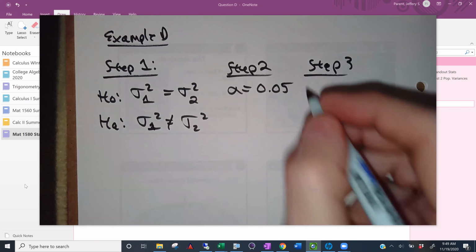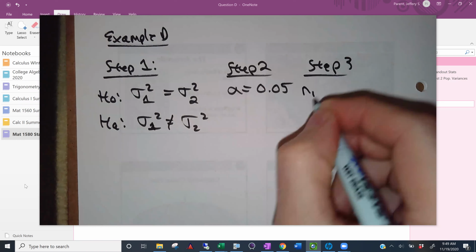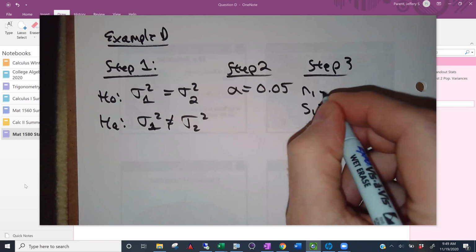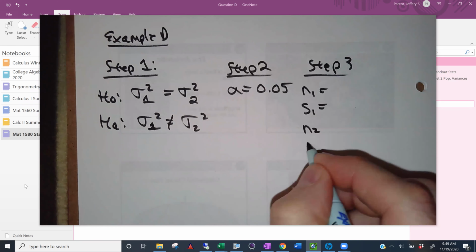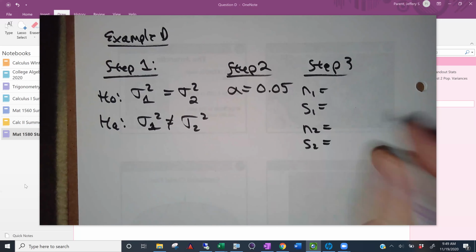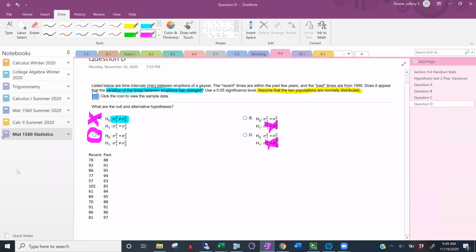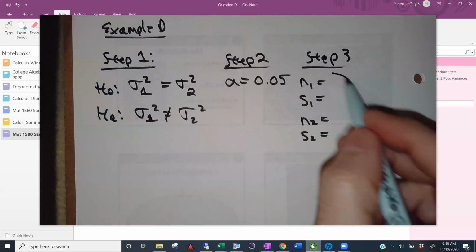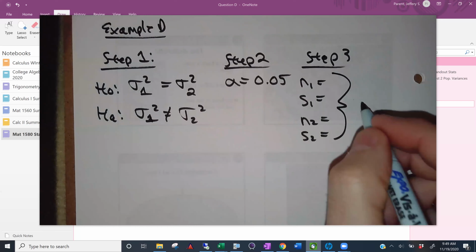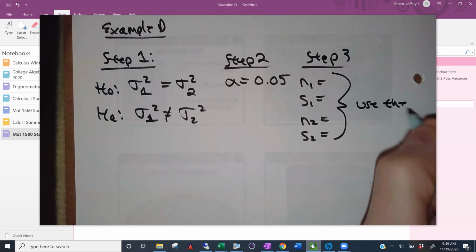What we need is n1 and s1, and then n2 and s2. I need both of those. So looking back at the problem, oh wait, they're not there. Why aren't they there? Because we have the data. Yeah, use the data. And using the data is going to afford us another opportunity.